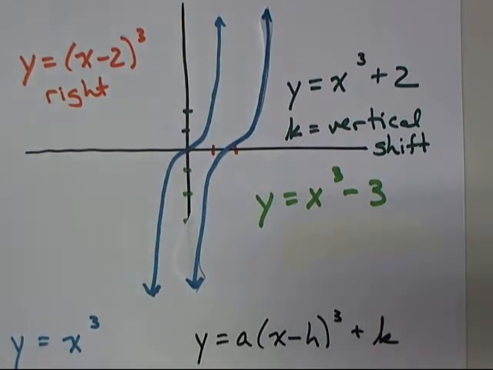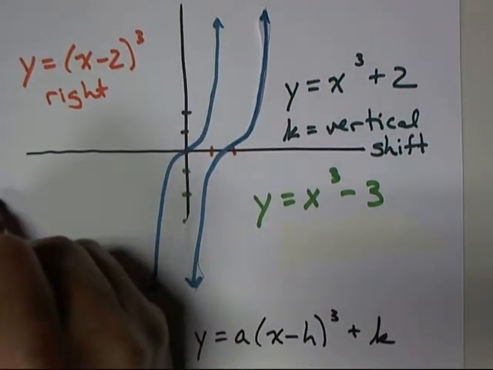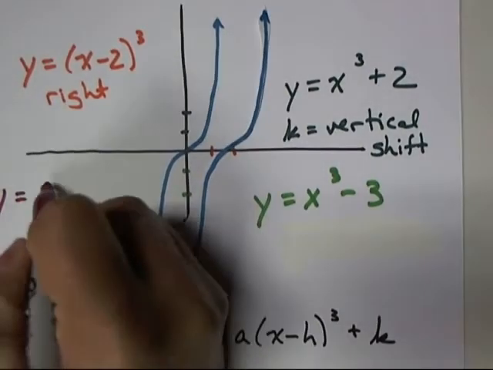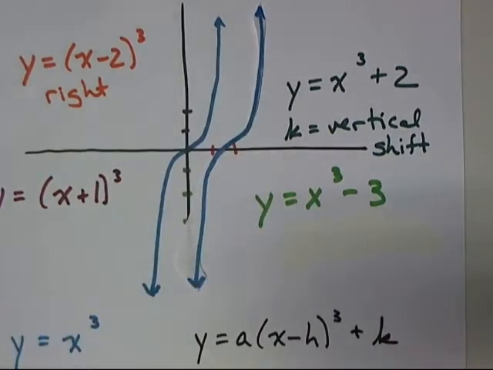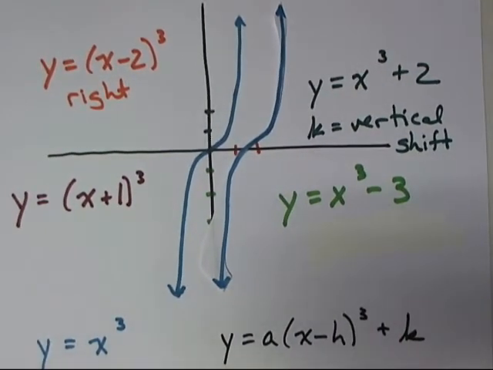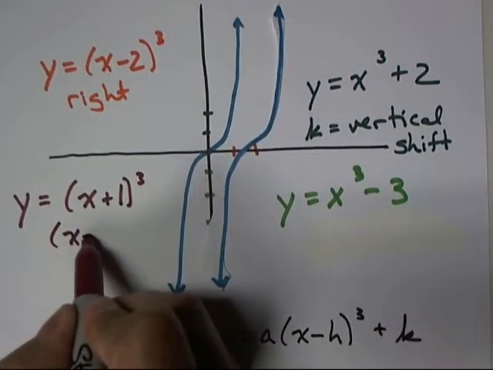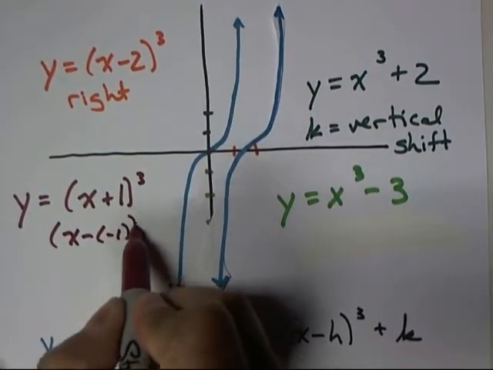So then what would shift it to the left? Y is equal to x plus 1 quantity cubed. The 1 plus 1 is inside. Now remember, the generic form is x minus, so really this is saying x minus a negative 1.